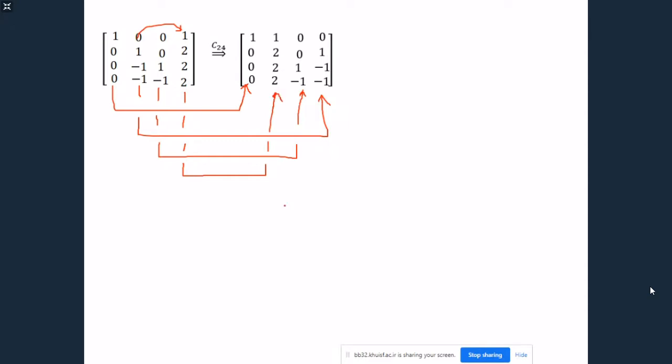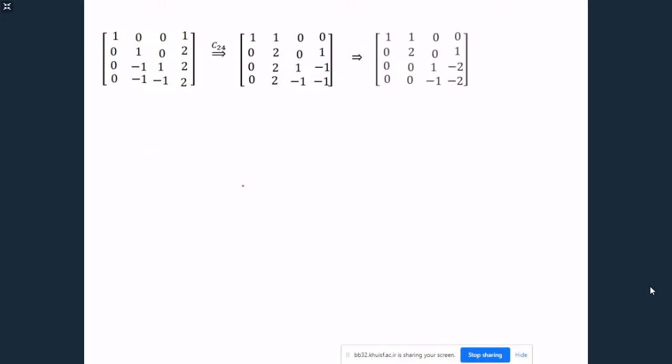So again, we use this pivoting to change this one and this one to 0. We multiply the second row in minus 1 and add it to the third and fourth column. So we find 1, 1, 0, 0, first row, the same. 0, 2, 0, 1, the second row, the same.